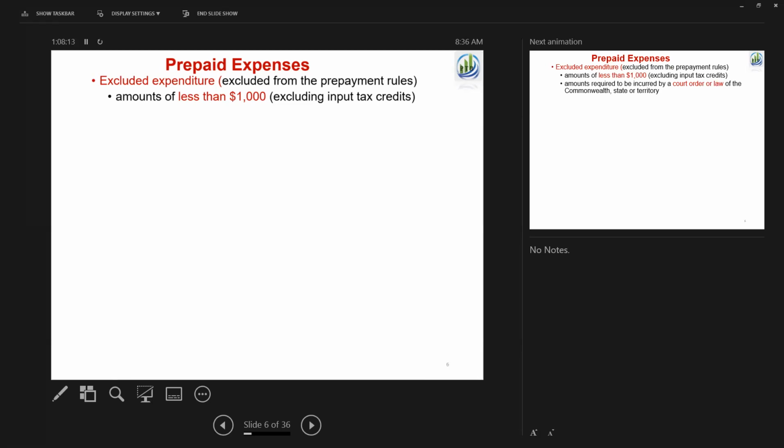So less than $1,000, or including GST less than $1,100, can be deducted in full regardless of which period you paid for. Even if you paid for a future period, if you already paid this year, the total amount is deductible. The threshold is 1,000.